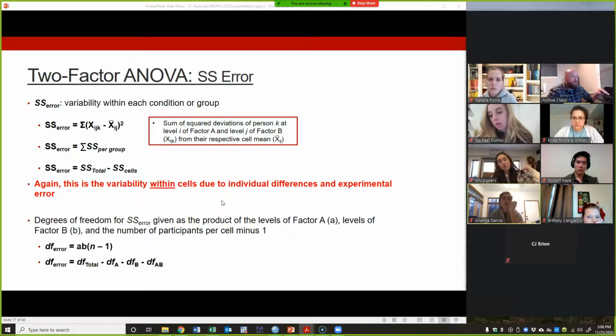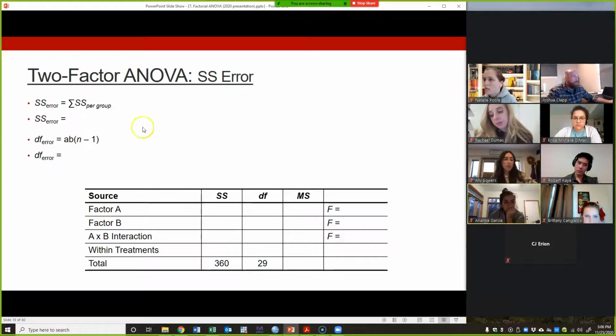Remembering that our sum of squares error is just the variability within our cells that's due to individual differences, experimental error, and factors that we just haven't accounted for.